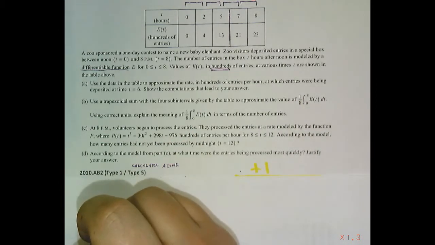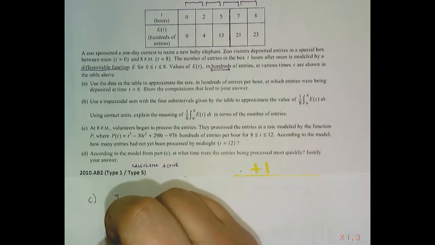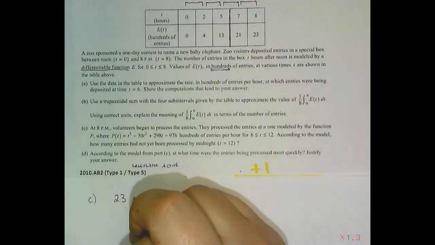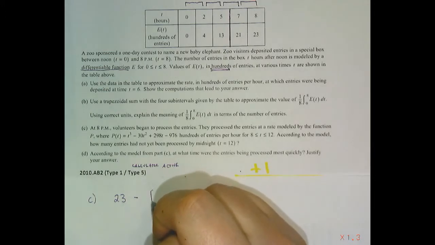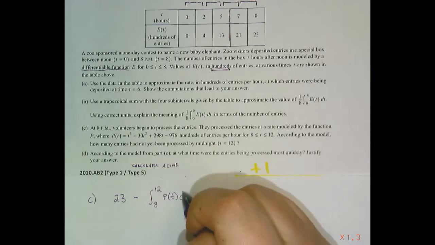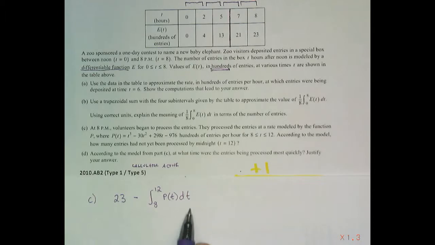So in part C, if we start with 2,300 entries, and then we start taking away entries from 8 to midnight, this integral represents the total accumulation of entries being removed in hundreds of entries.